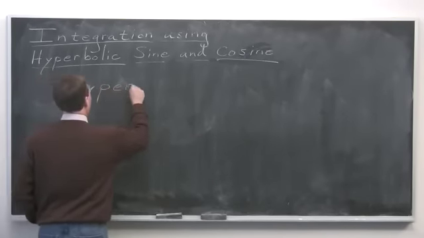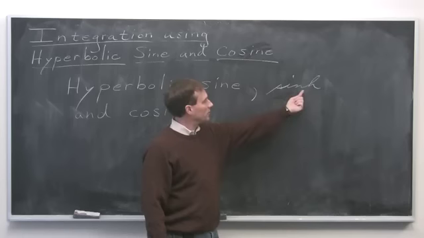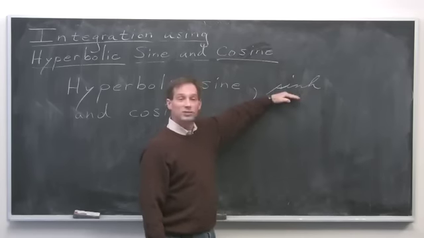When people say this out loud, they say it as though there's also a C here. Everyone says cinch, because sinh just sounds stupid. And hyperbolic cosine is usually abbreviated C-O-S-H, and that's pronounced phonetically, cosh.